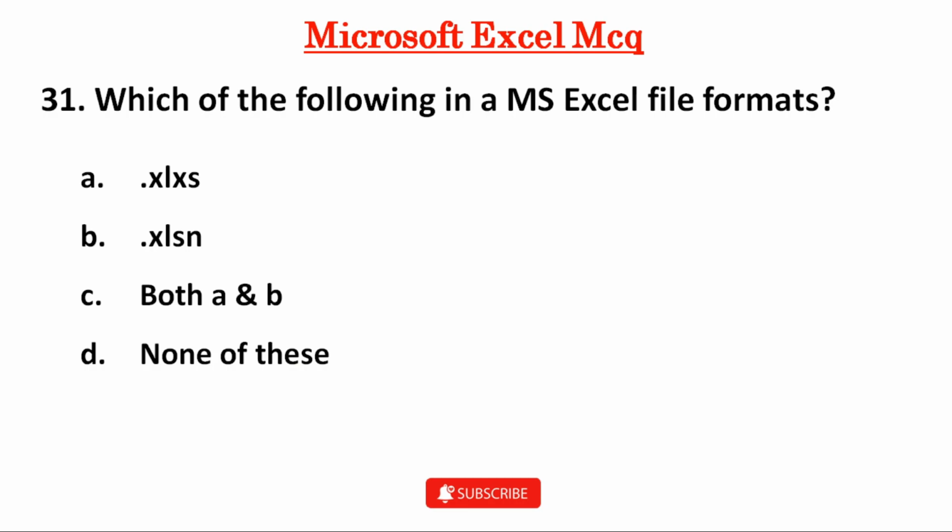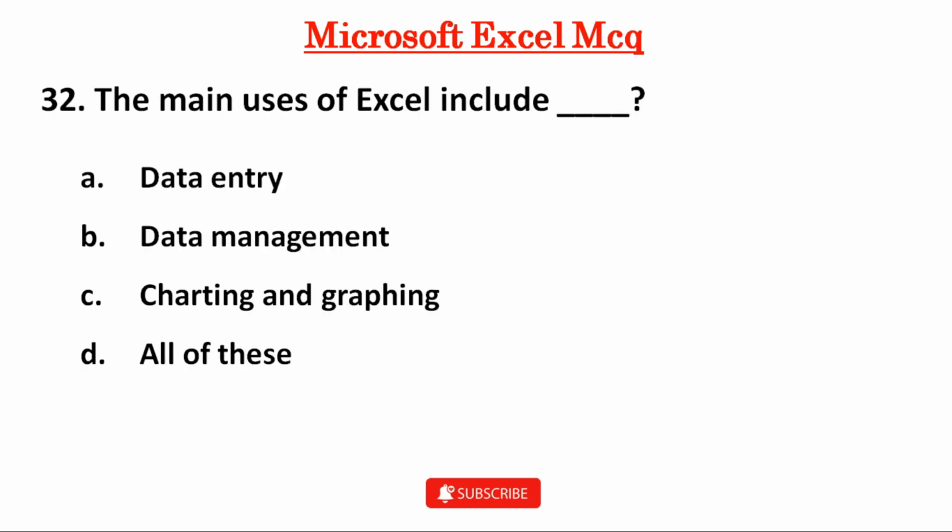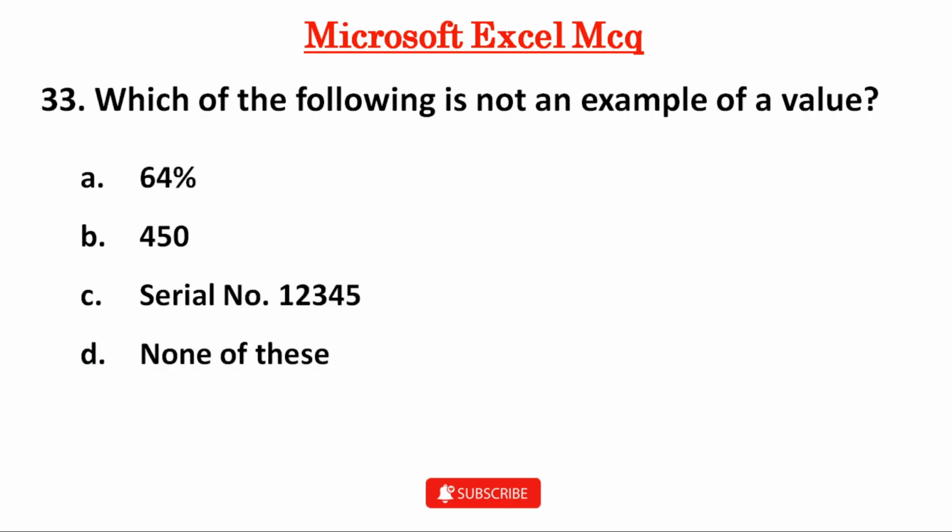Next, which of the following is an MS Excel file format? Right answer is option A, .xlsx. Next, the main users of Excel include dash. Right answer is all of these. Next, which of the following is not an example of a value?